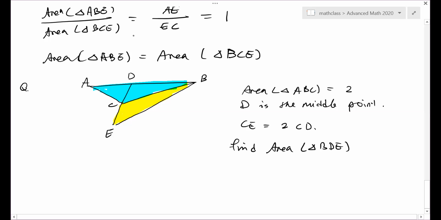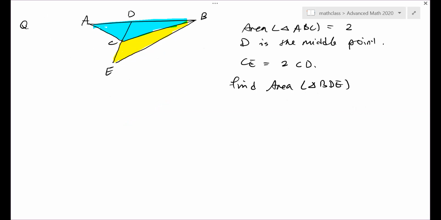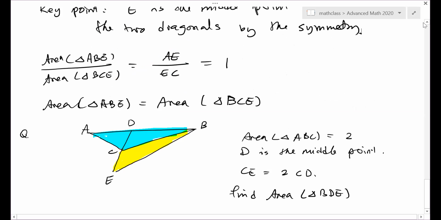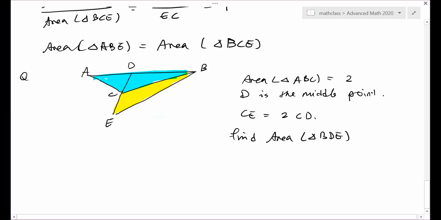All right, good job. So how do you do this? We use a comparison theorem. We just needed to know the area of triangle BDE compared with the area of triangle BCD.